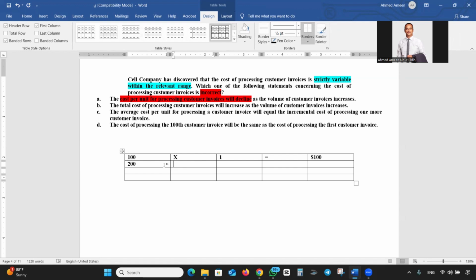And if we produce 200 units and the cost per unit is $1, the total cost will be 200. It goes with production, as you can see now. Whenever we increase our production, the total variable cost increases. You can see it easily.